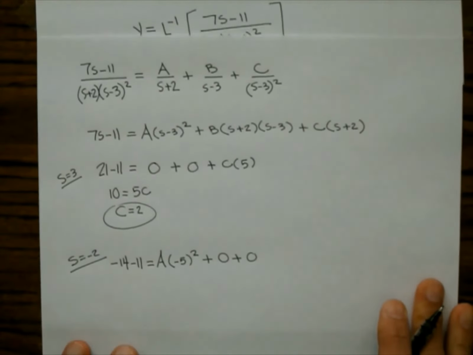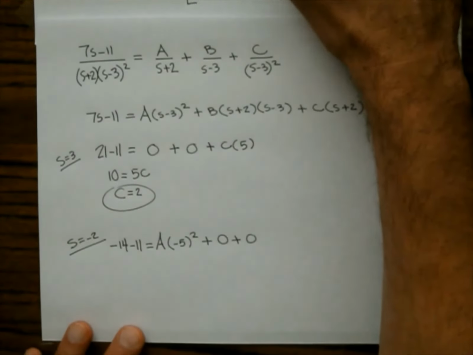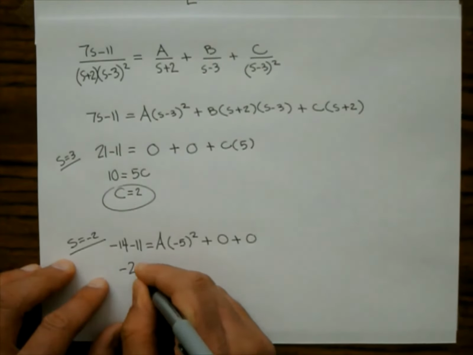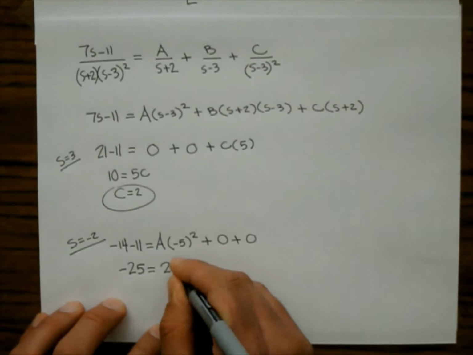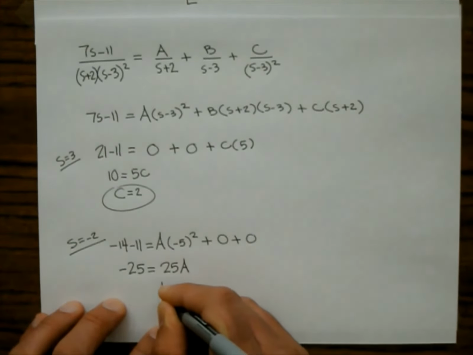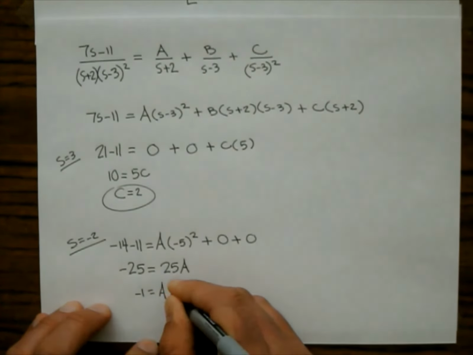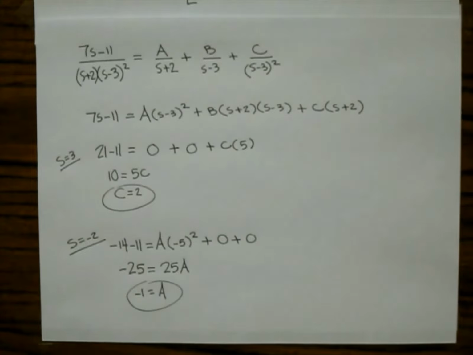So it looks like what I have here is negative 25 equals 25a. So a equals negative 1, or negative 1 equals a, and that gives me the a.